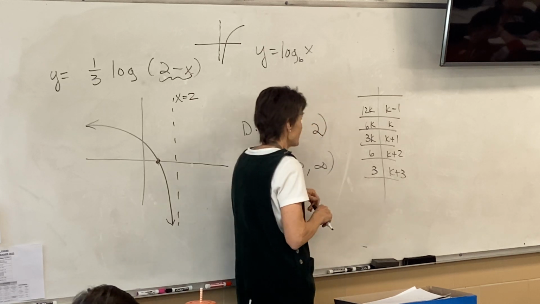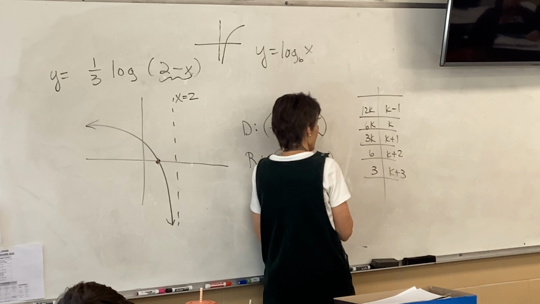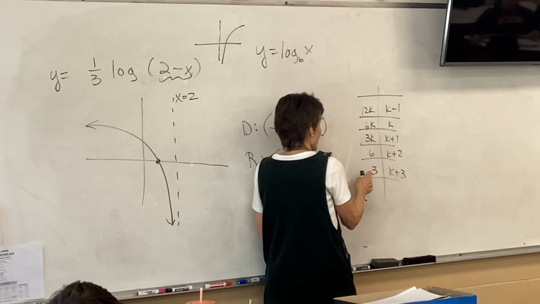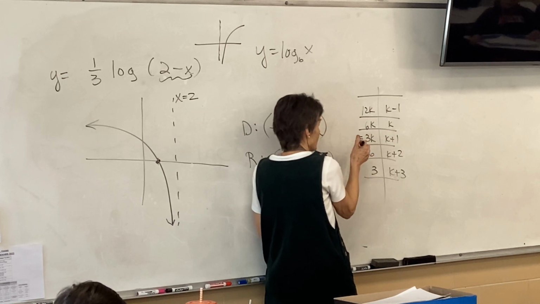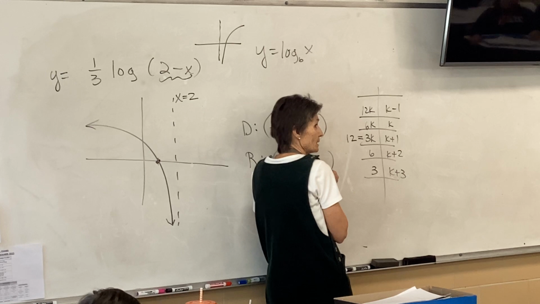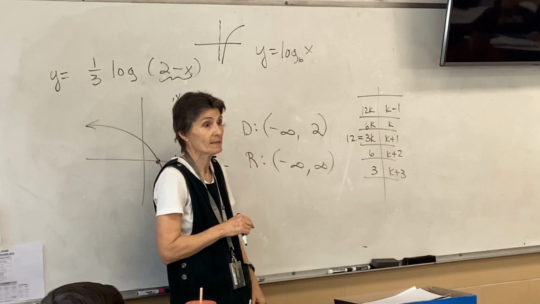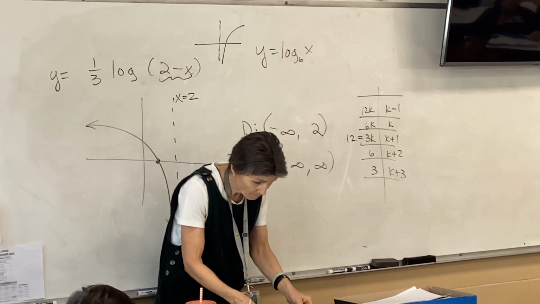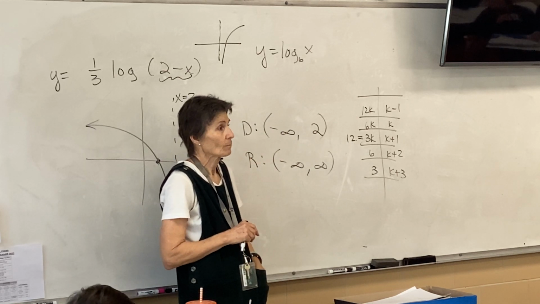So let's look over here. Now wait a second. If these are changing multiplicatively, if that's 3 and that's 6, then what does this one have to be? Doesn't that have to be 12? And if 3k is 12, then k has to be 4. And was that my job? Find k? Yeah. Okay.